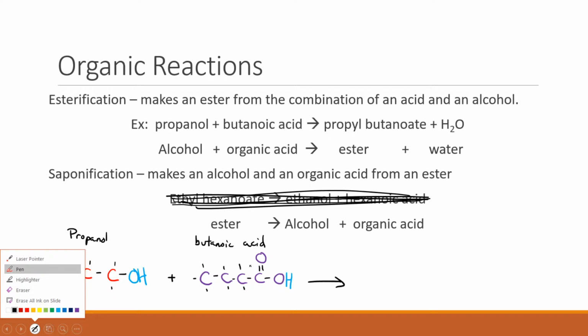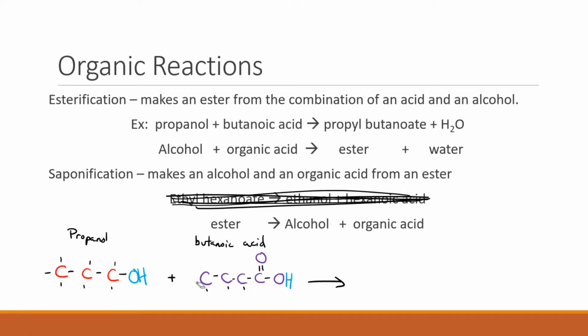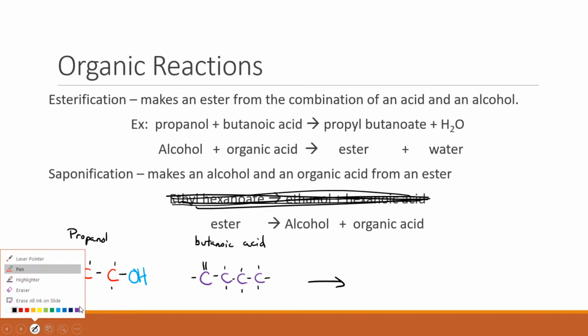I could flip this whole thing actually, and it won't make a difference. If I did this instead, it's actually the same. Might make it a little bit easier to follow, so let's do that. Give me back my purple.